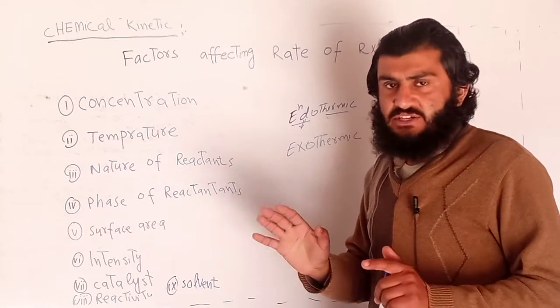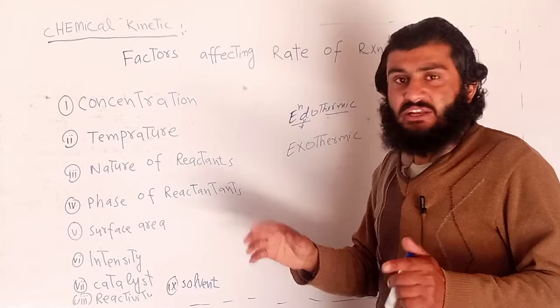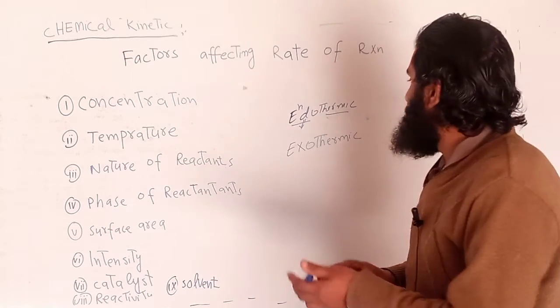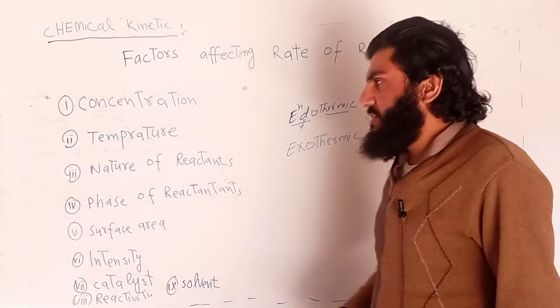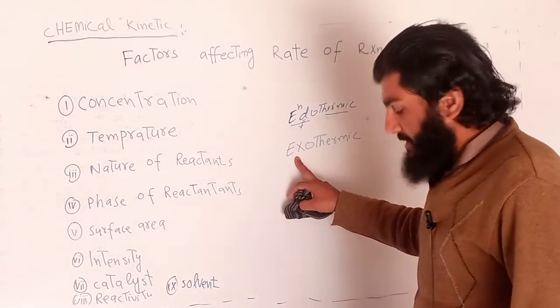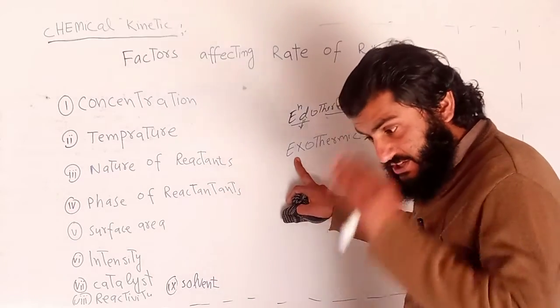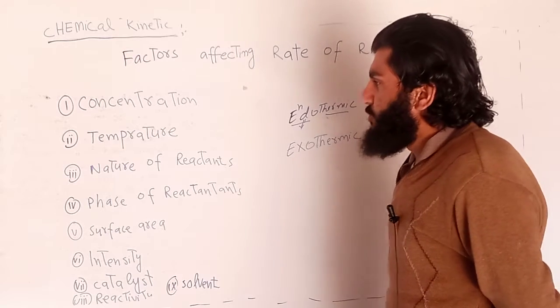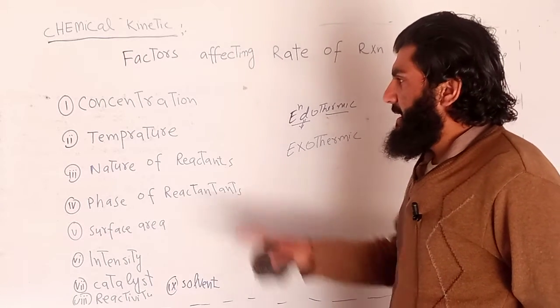When we give them energy, they don't absorb the heat, and they also lose the ability to react with each other. Clear? Such reactions are known as exothermic reactions, and their rate decreases with increasing temperature. Clear? So let's move ahead.